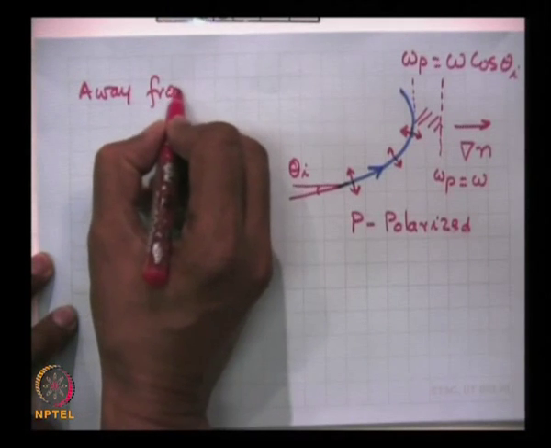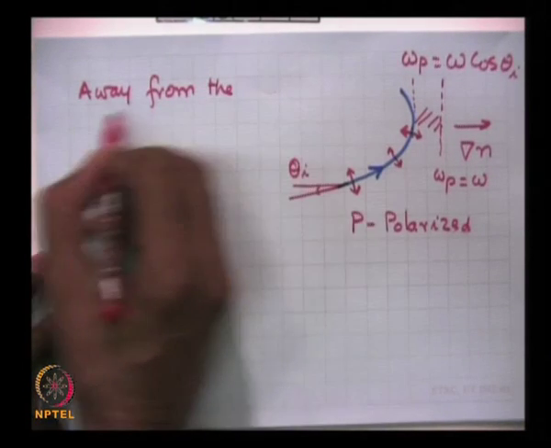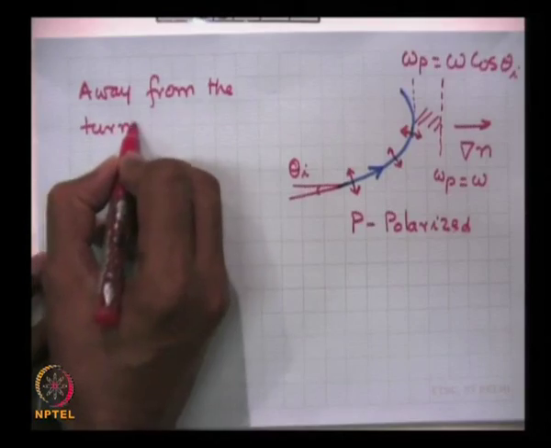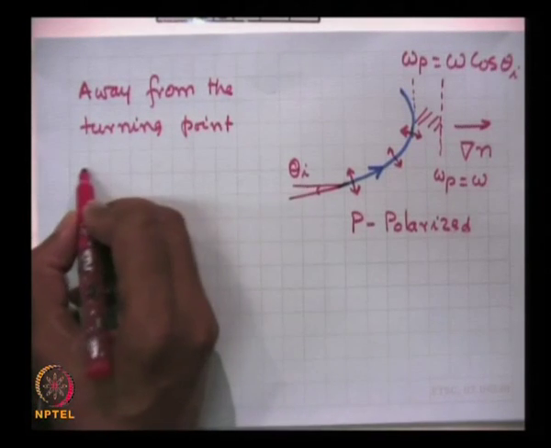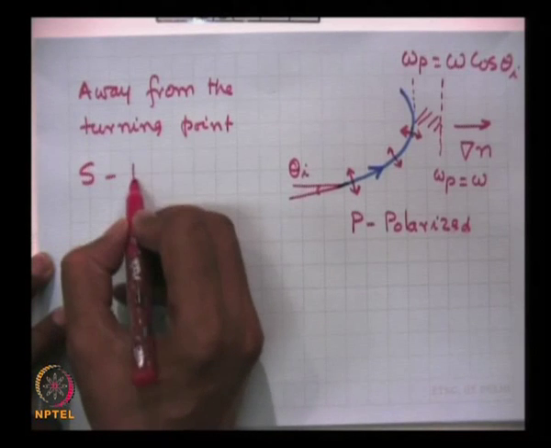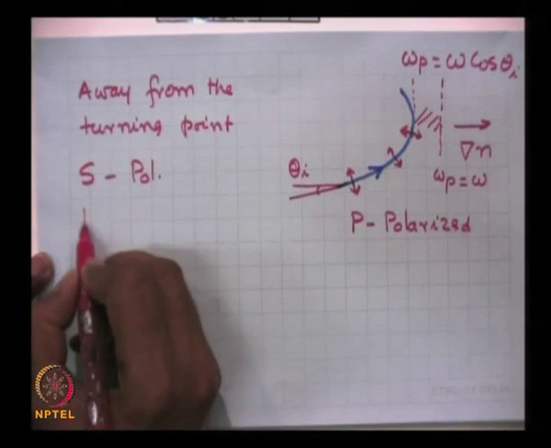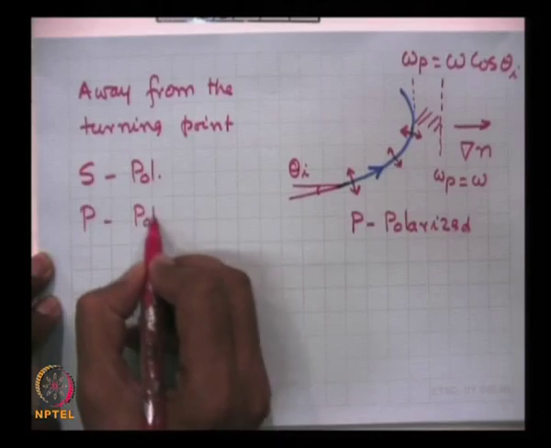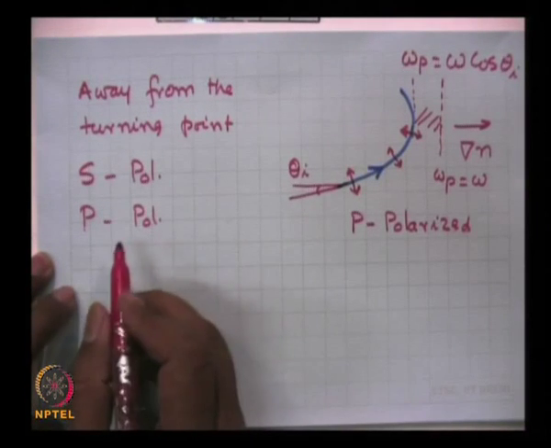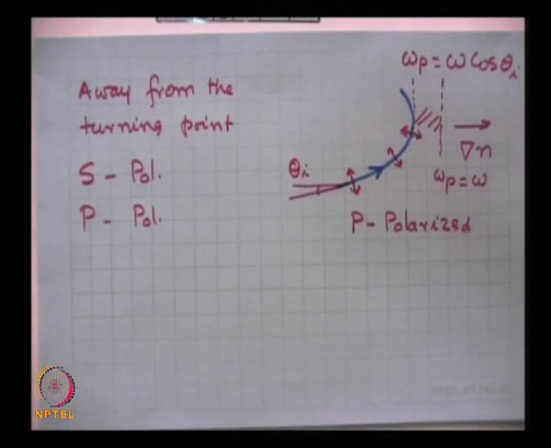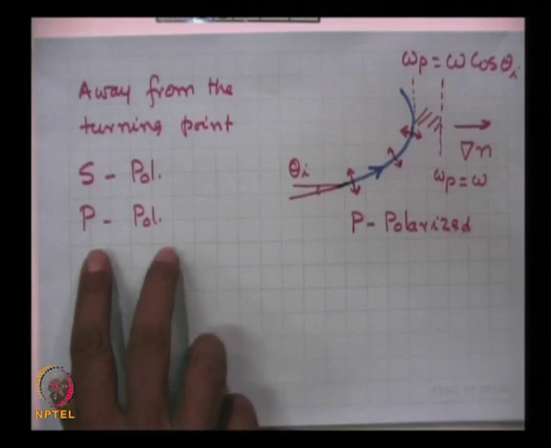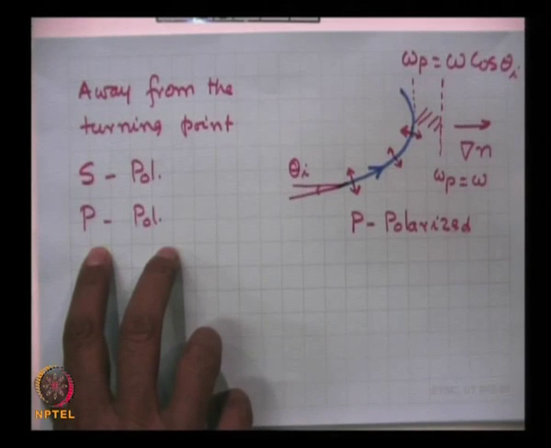Away from the turning point, S polarization and P polarization have similar character, and the mathematical analysis will be taken up later to discuss the propagation of waves at oblique angle in an inhomogeneous plasma.